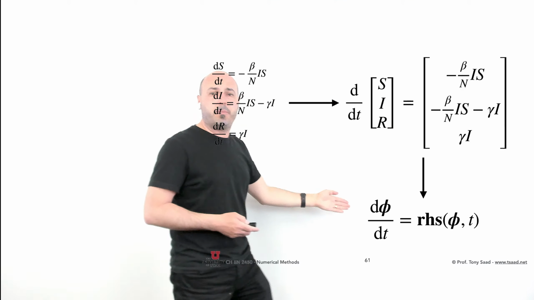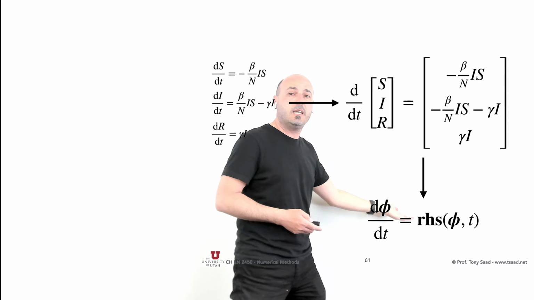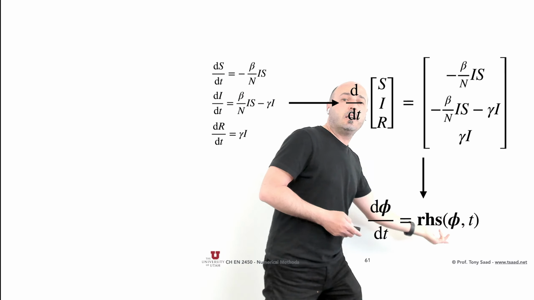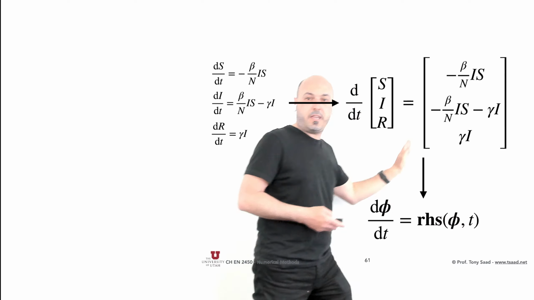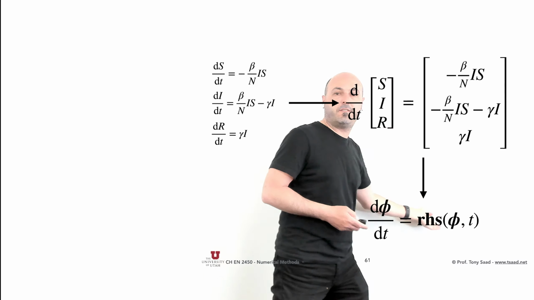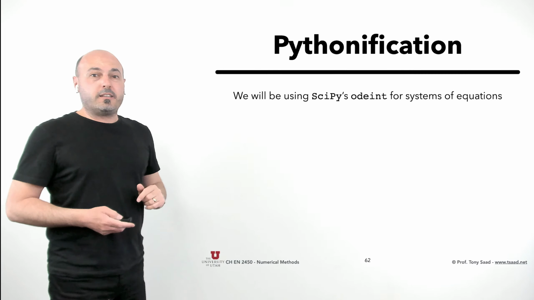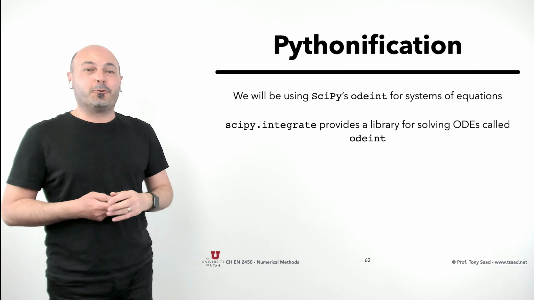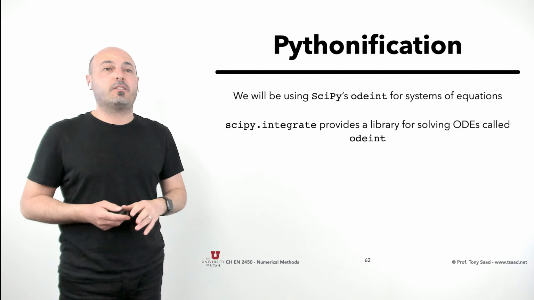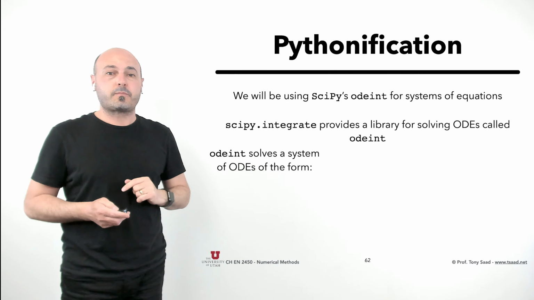And describe this simply as d vector phi by dt is a vector of right-hand sides of phi, the vector of unknowns, comma t, okay? To solve this, we will use SciPy's odeint, the same thing that we used for a single equation.